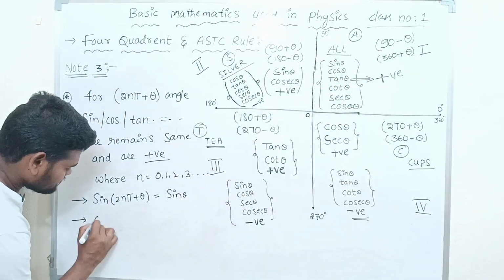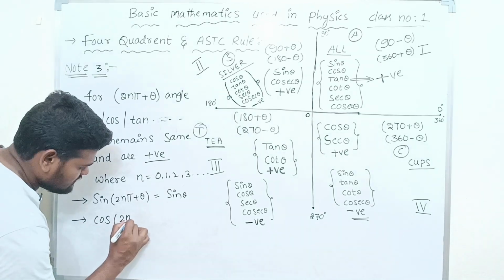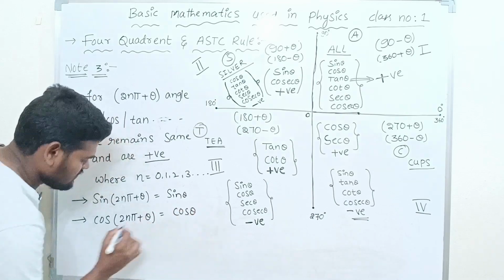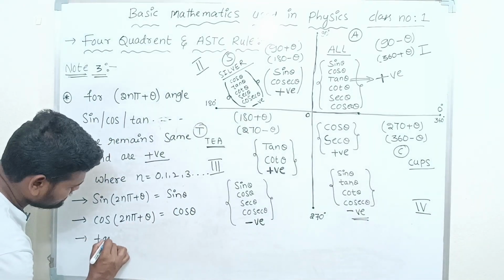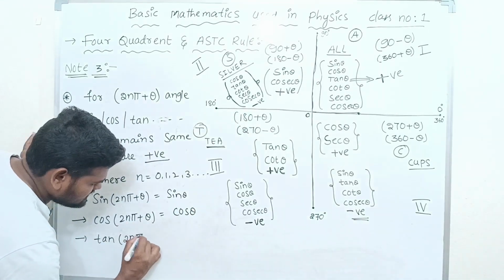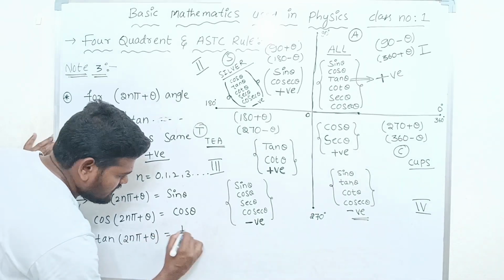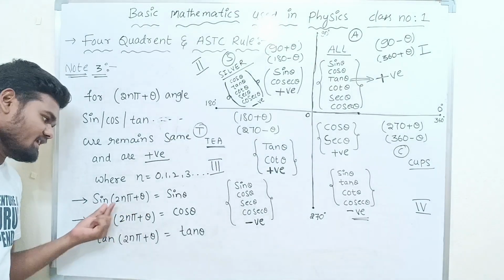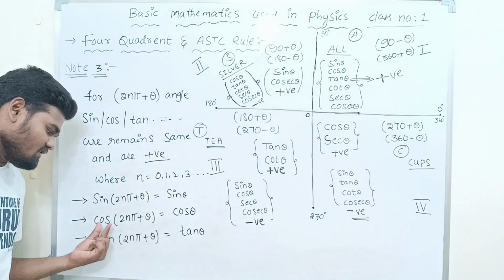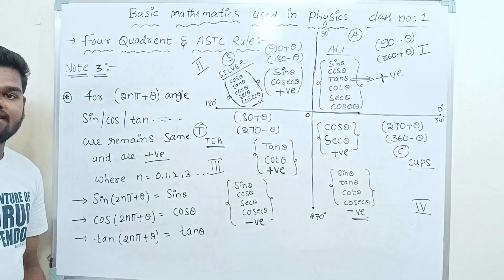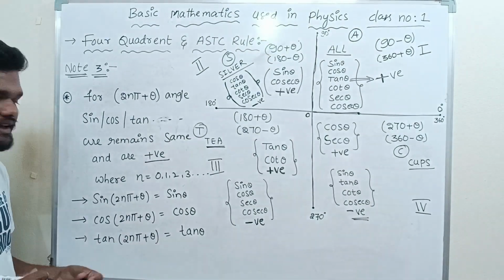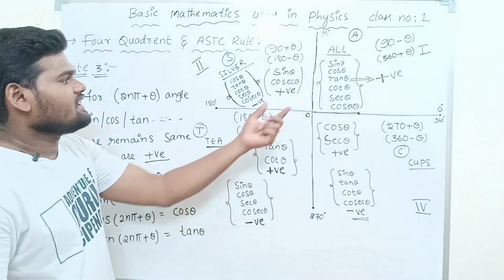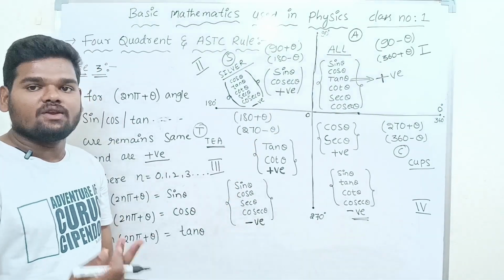Likewise, if you do for cos theta, cos of 2n pi plus theta, you'll get cos theta, and tan of 2n pi plus theta is equal to tan theta. At 2n pi plus theta, sine remains sine, cos remains cos, and tan remains tan. So this is the third note. Substitute the values 0, 1, 2, 3 at the place of n, you will get the same function whatever you are taking.